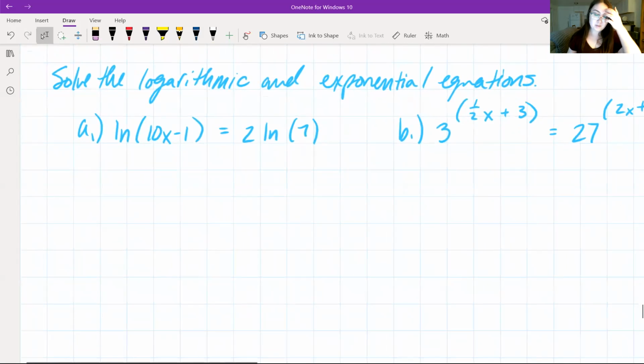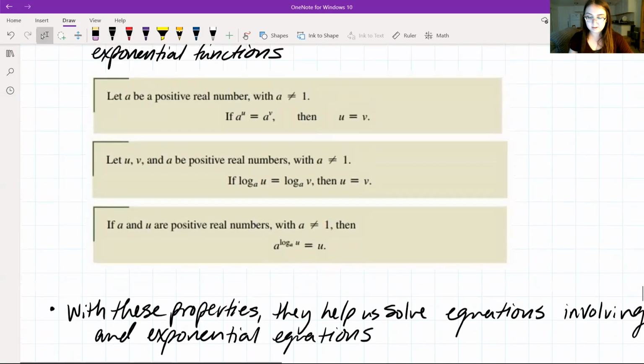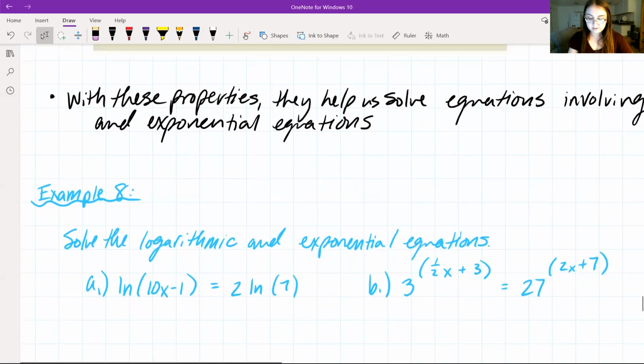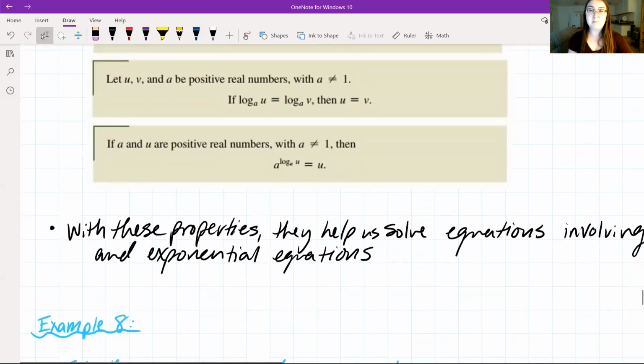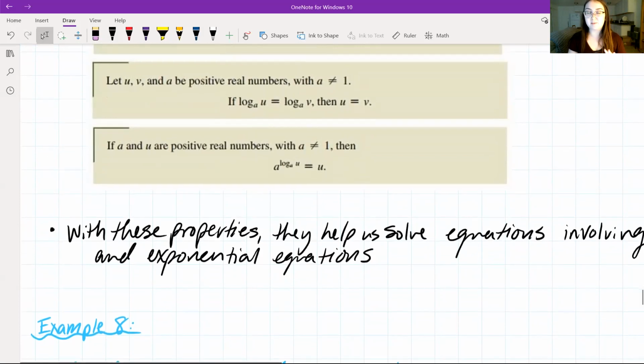So for part A, we have the natural log of 10x minus 1 is equal to 2 times the natural log of 7. So when we rewrite this, we know that whenever we have log with the same base of anything, u is equal to v.